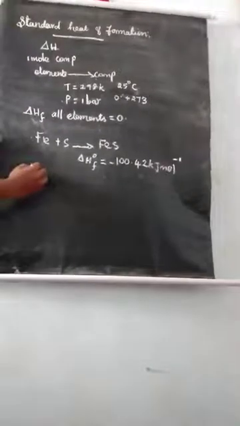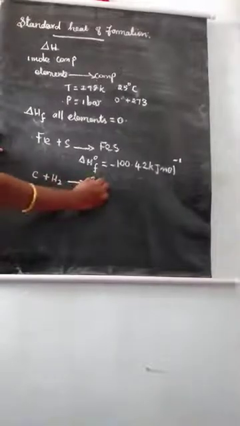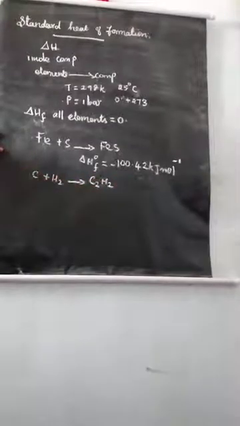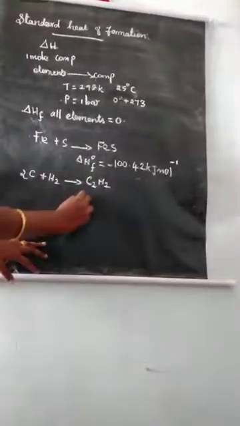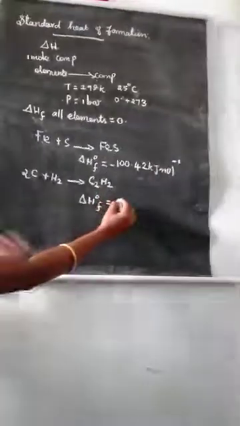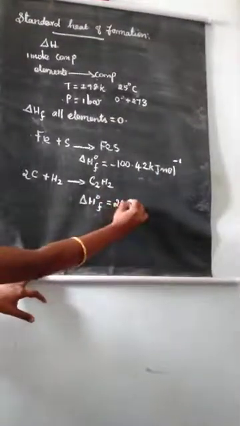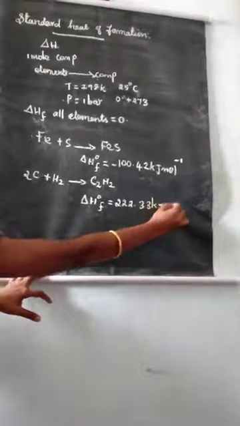Suppose carbon and hydrogen form C2H2, so here also 2C. The standard heat of formation delta H naught F is equal to 222.33 kilojoule per mole.